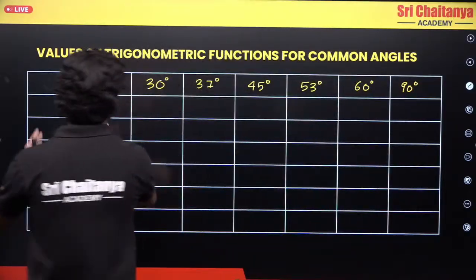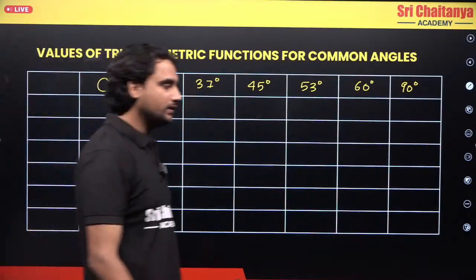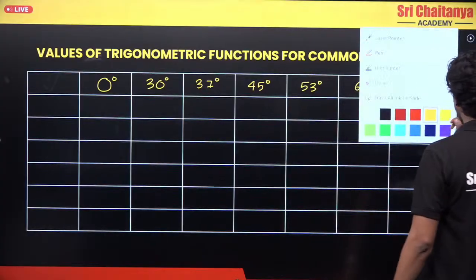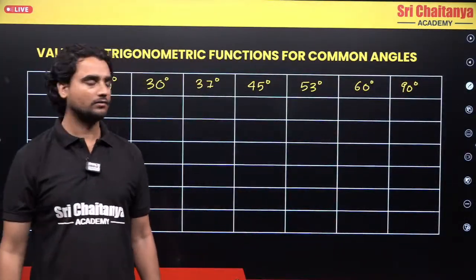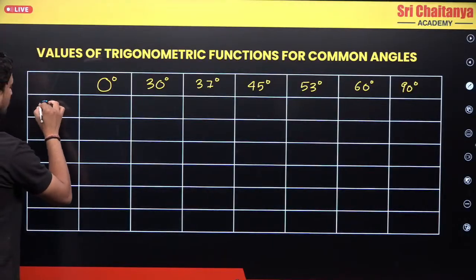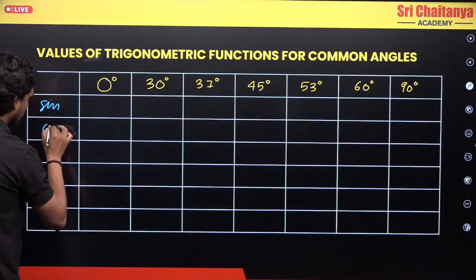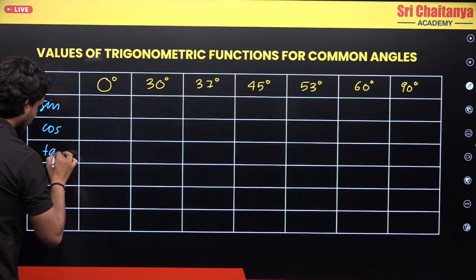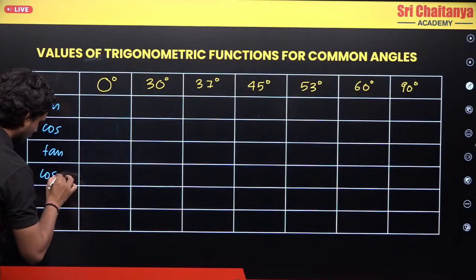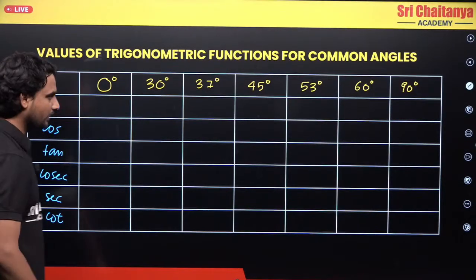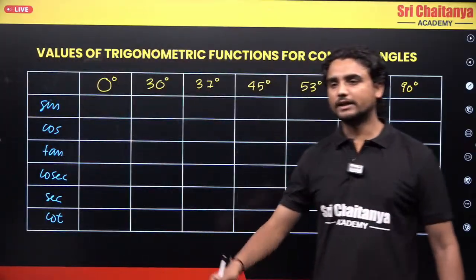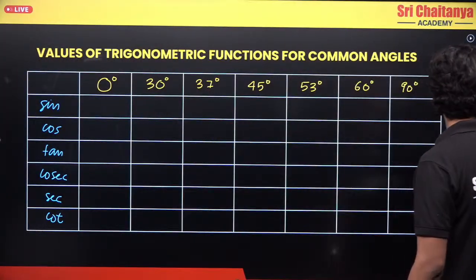These are the most important angles, and if you know these angles, you can find value for any other thing. Next is, so what are the sine, cos, tan, cosec. So these are the angles for which you're going to find.